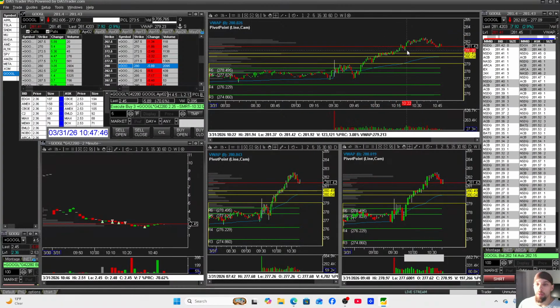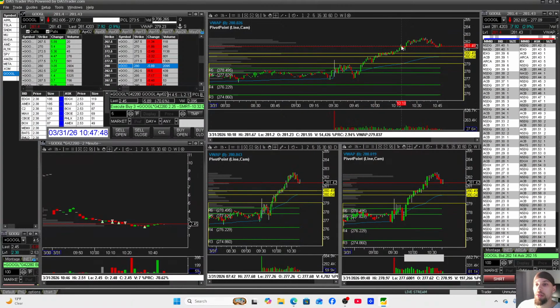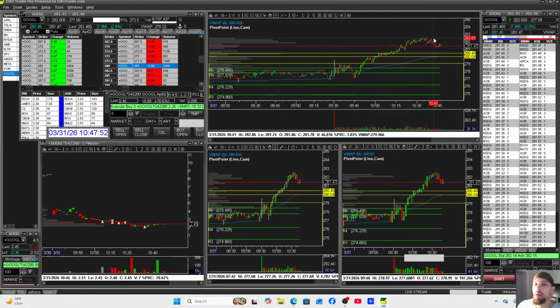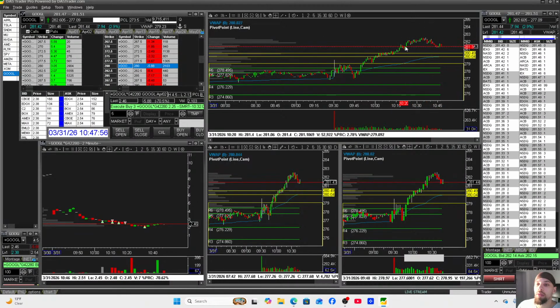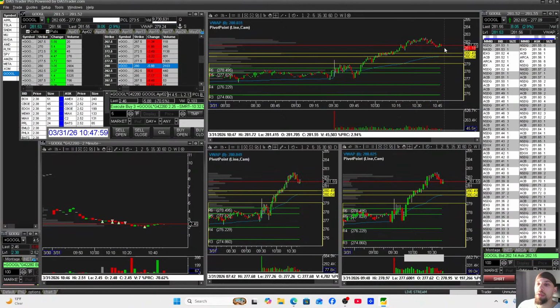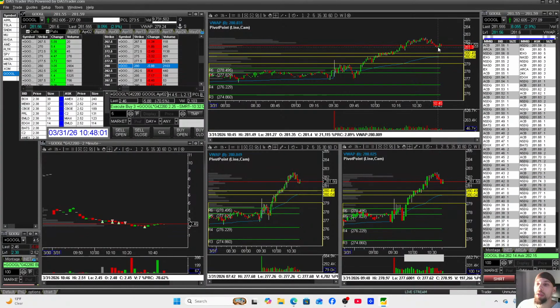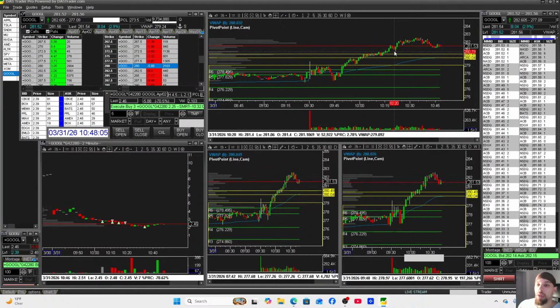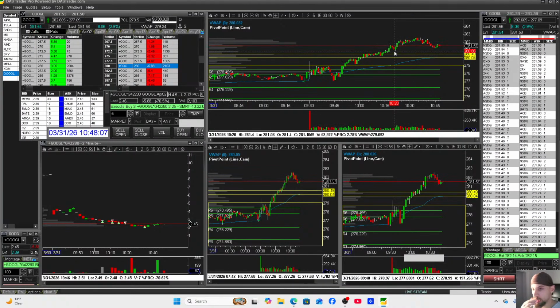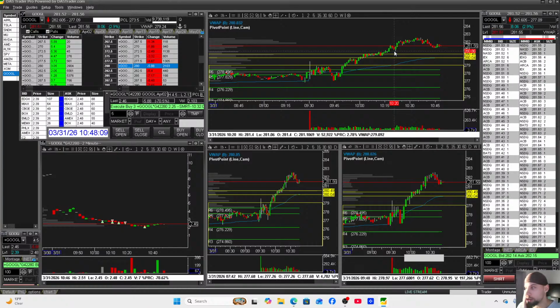Kind of making a bit of a head and shoulders pattern. Got the shoulder here, big head right here, another shoulder. Head and shoulder patterns, if you're looking for the move, you're looking to short it right here for the move down. If people like to trade head and shoulder patterns, it's at a decent area to short it.